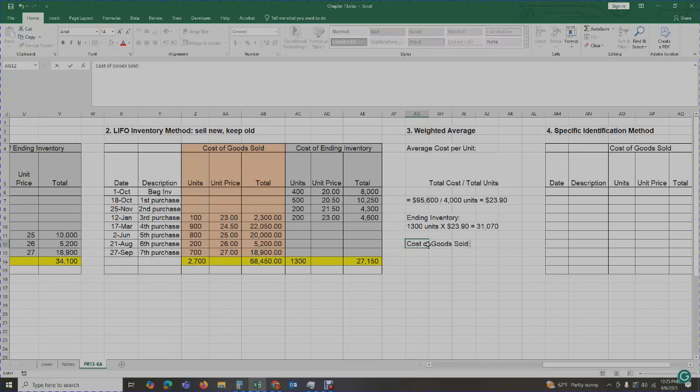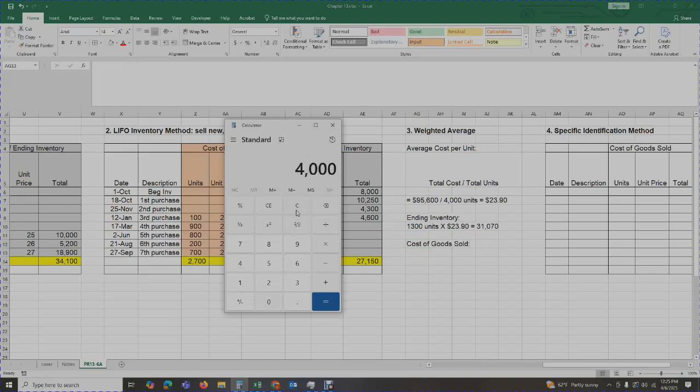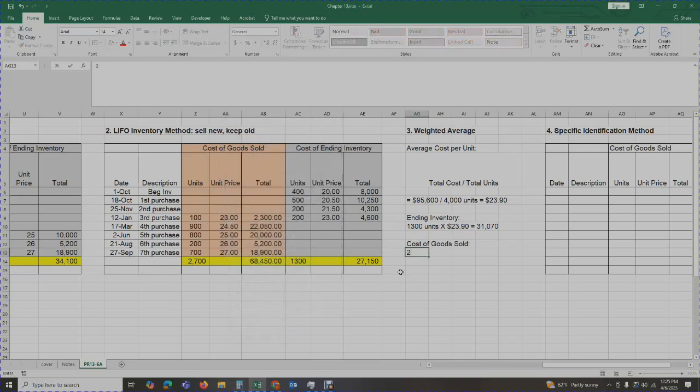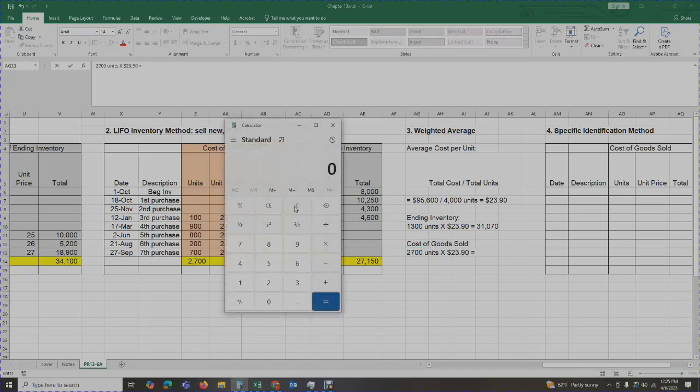This is what you actually sold in goods. Remember, according to the problem, we had 4,000 units. We have 1,300 remaining. That means that we must have sold 2,700 units. So we're going to get the 2,700 units, and we're going to multiply by the average cost per unit of $23.90. That's going to give me 64,530.